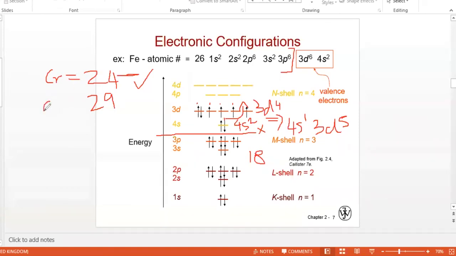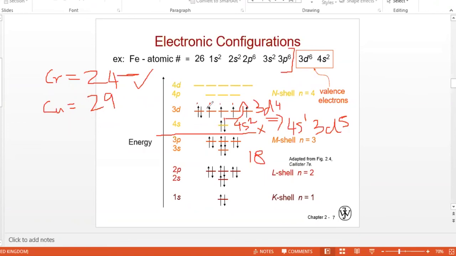Similarly, 29 is also a special case. In 29, after this 18, we fill this 2, and that is 20. Then here we will have 9, since 18 plus 2 is 20 and we have an excess of 9.